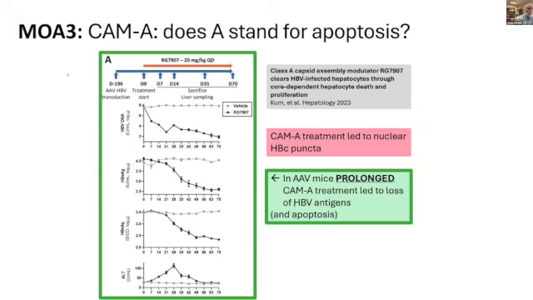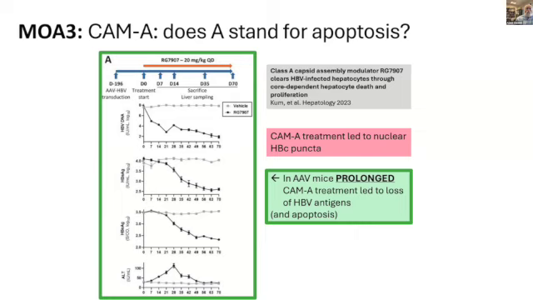A third mechanism of action is that CAMs apparently are able to lead to an apoptotic event. Does A stand for apoptosis? This is work that was originally demonstrated by the Oligos group and collaborators. And what they observed is that prolonged treatment with a CAM-A had remarkable effects.